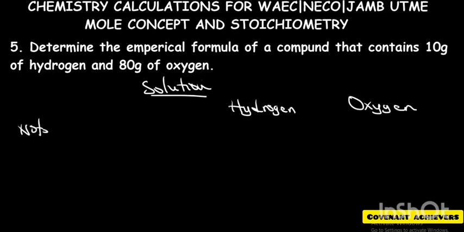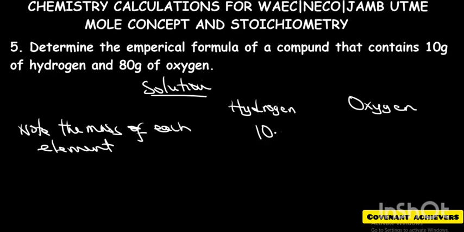Here we have to note the mass of each element. For hydrogen, the mass that is given is 10 gram, while for oxygen it is 80 gram.